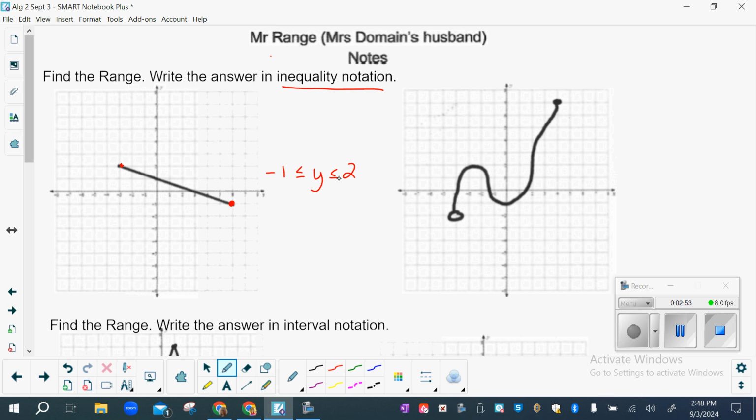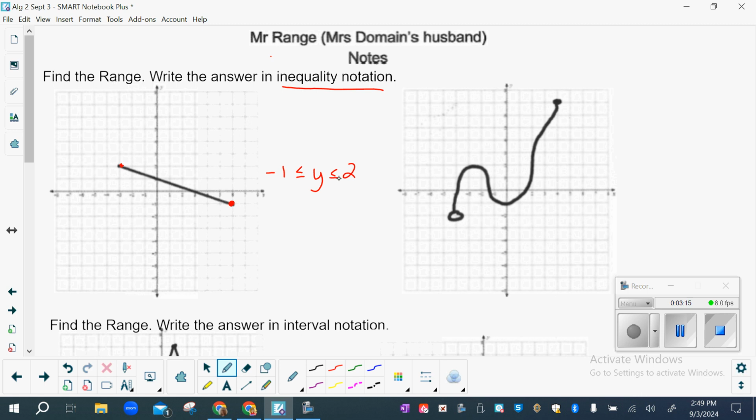But that's the x value. We want to know what the range is, and that's the y value of that point. This is the x-axis and this is the y-axis, so I'm looking in this direction. Good question. It's always where students get mixed up, and that's why I'm doing them on separate days starting out.